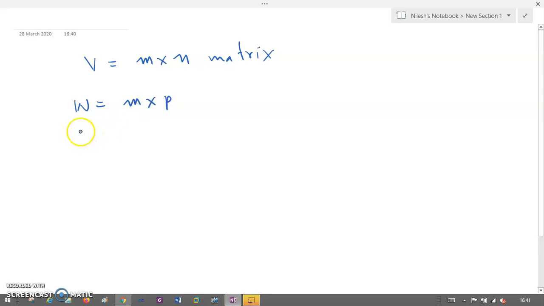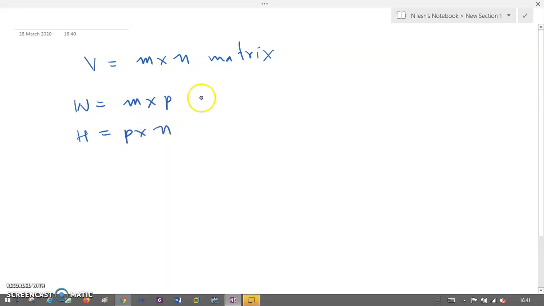What I mean to say is that if V is an M cross N matrix, then W is going to be an M cross P matrix, and H is going to be a P cross N matrix.